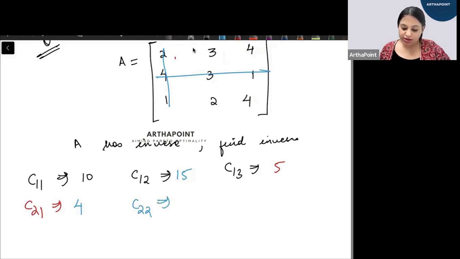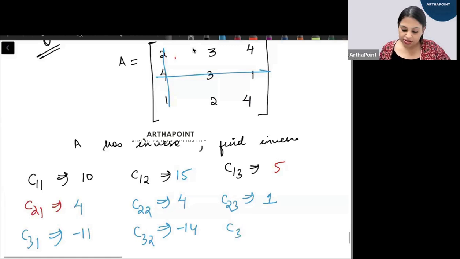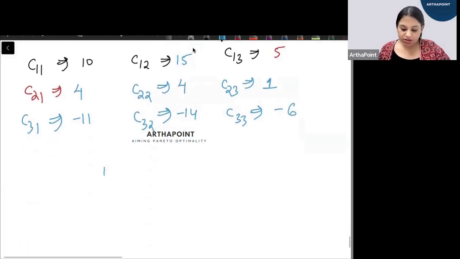C2 2 will be 8 minus 4, 4. C2 3 will be 4 minus 3, 1. C3 1 will be third row first column gone, 3 minus 12, minus 11. C3 2 will be third row second column, 2 minus 16, minus 14. And C3 3 will be 6 minus 12, that means minus 6. So you will get 10 15 5 4.